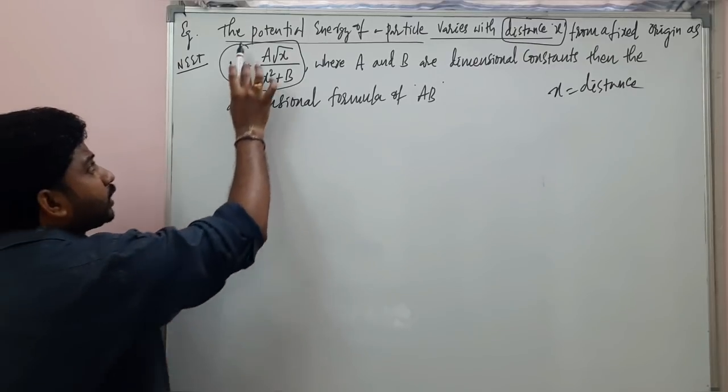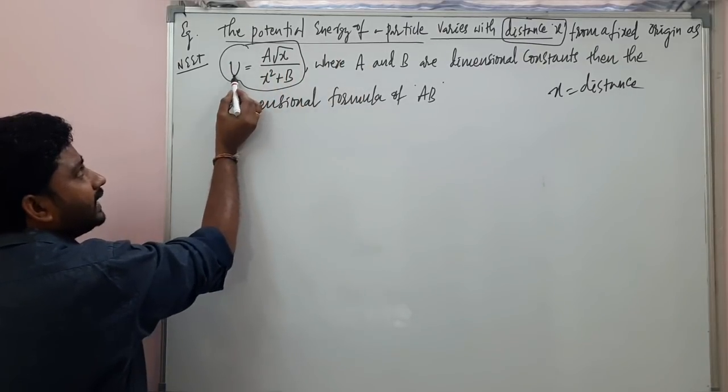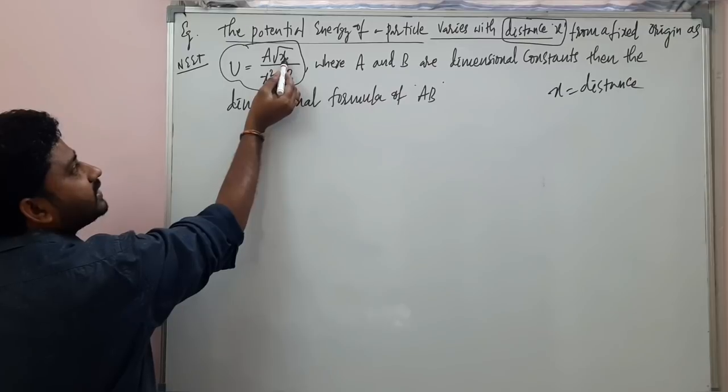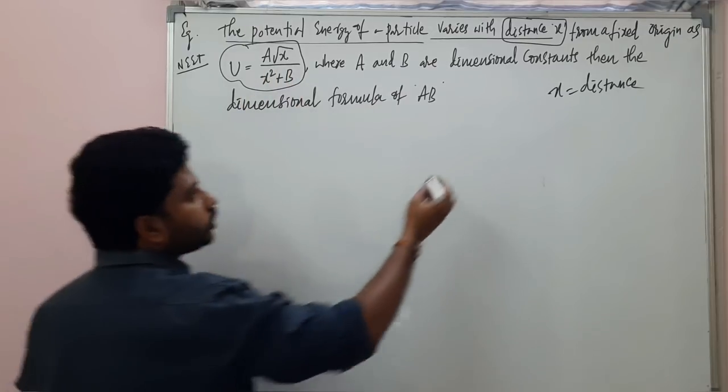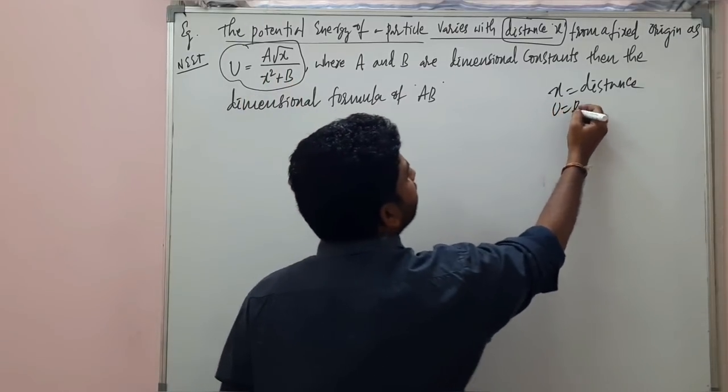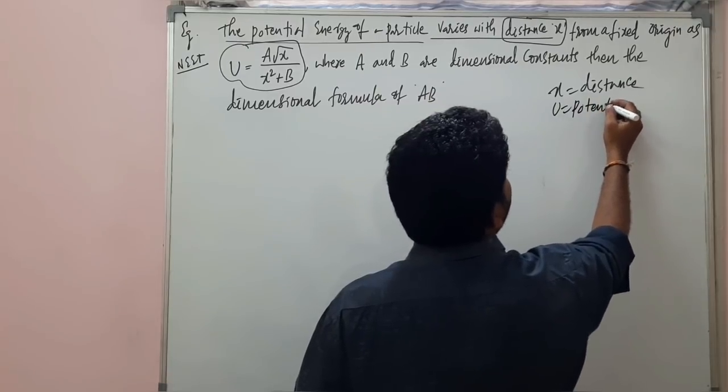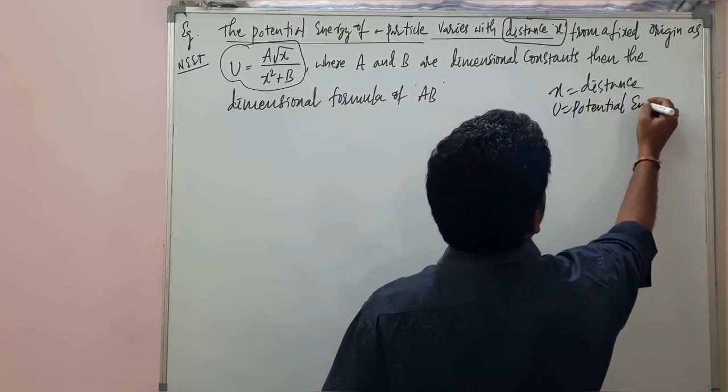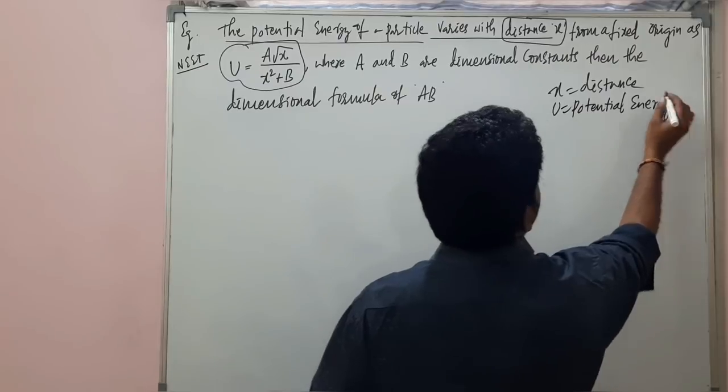So the question is, the potential energy of the particle is varying according to the distance x. So U is the potential energy. X is the distance.